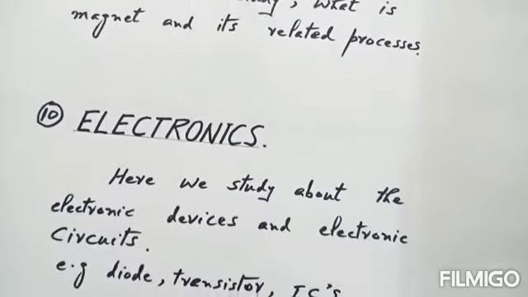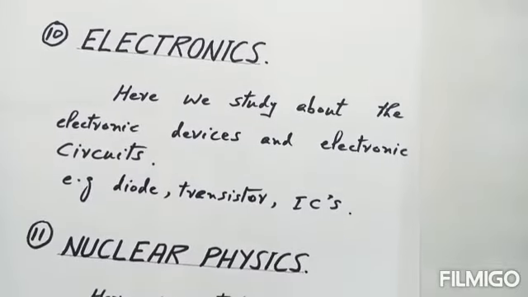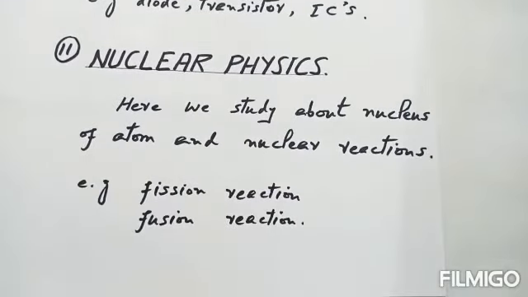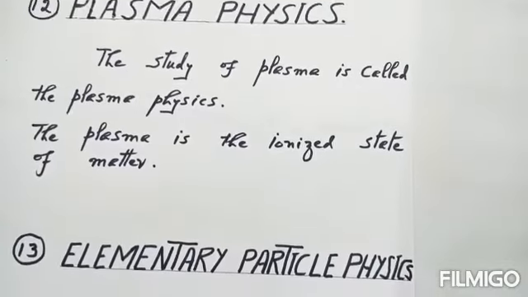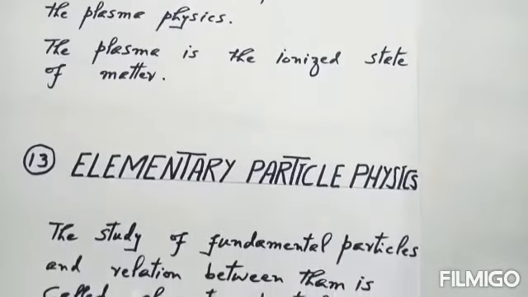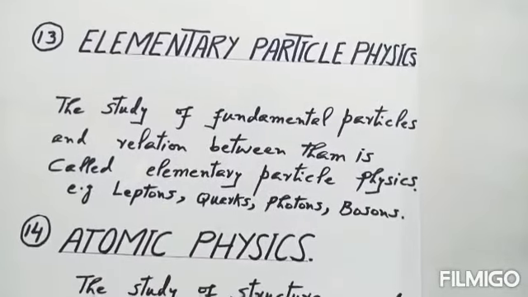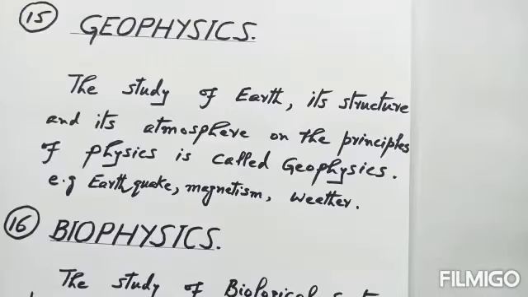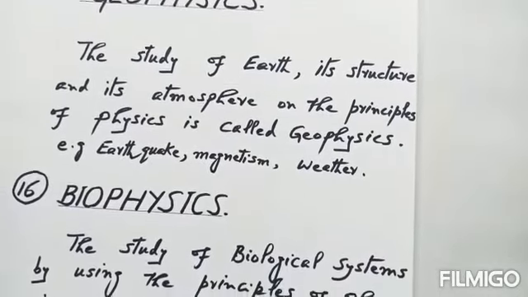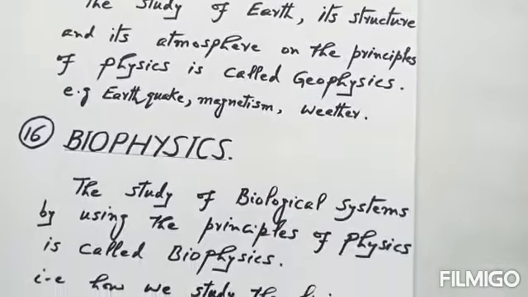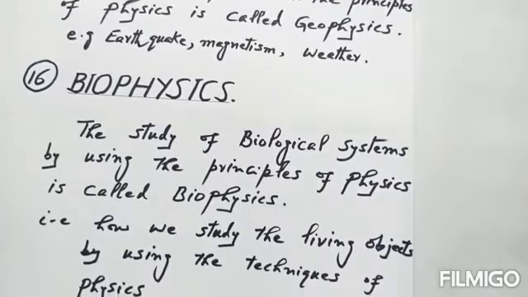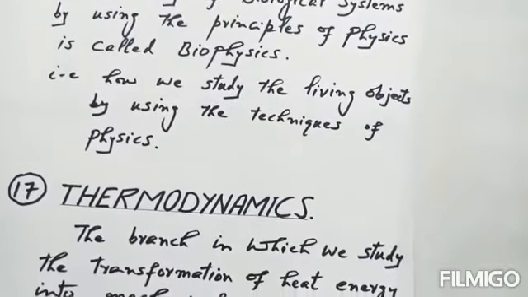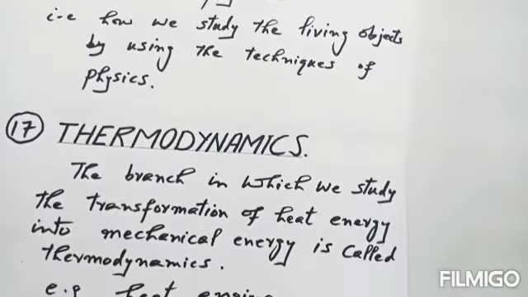Magnetism, electronics, all these are branches of physics. This is plasma physics, elementary particle physics. Then we have atomic physics. This is geophysics, biophysics. Then we have thermodynamics. All these are the branches of physics.